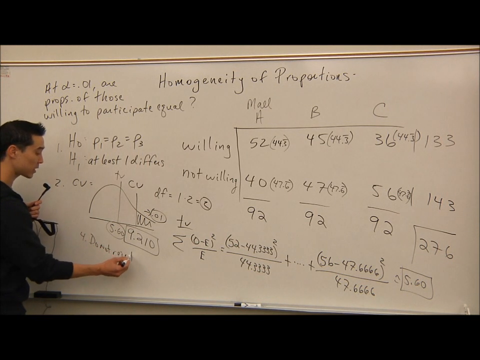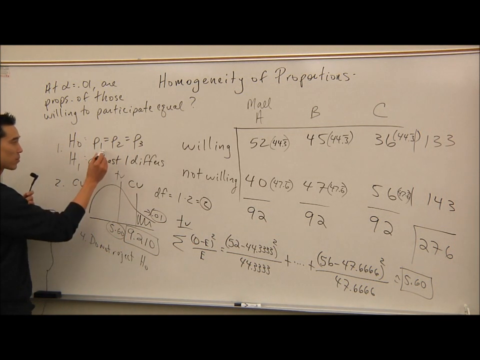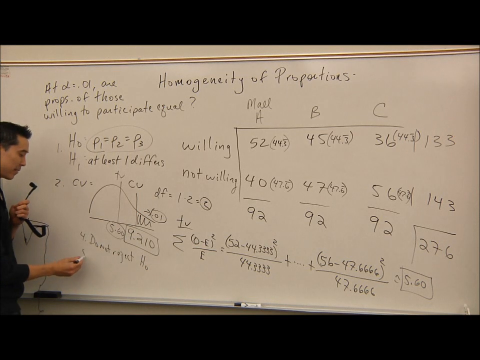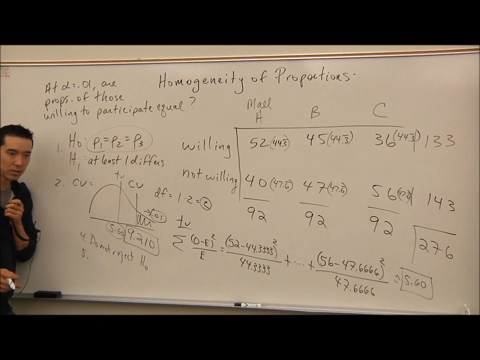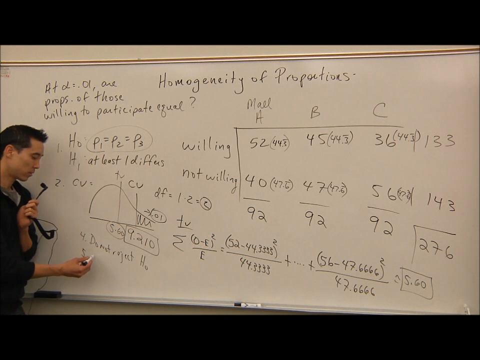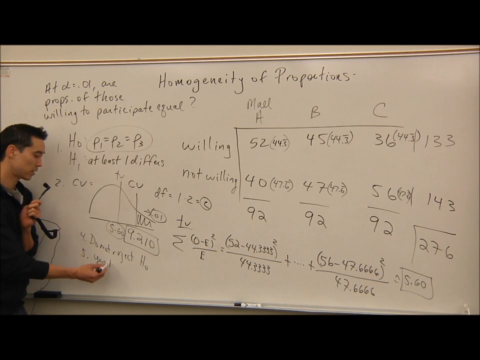And remember, in this case, H0 was saying all the proportions are the same. Okay? So my statement number 5, the conclusion is there's not enough evidence to suggest that there's a difference in the proportions. Okay? Or, what was the question? Are the proportions of those willing to participate equal? Yes, it appears the proportions of those willing to participate are equal. So the answer to the question is yes, they're equal.